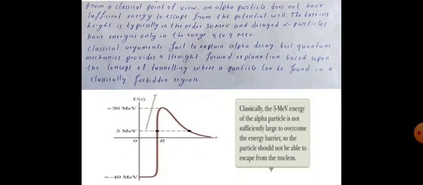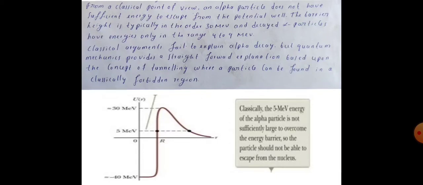Here, from a classical point of view, we consider the alpha particle, the helium nucleus, as a particle, and if the alpha particle wants to separate from the parent nucleus, it should have energy greater than 30 MeV, because this is the amount of energy barrier that exists between the daughter and parent nucleus.